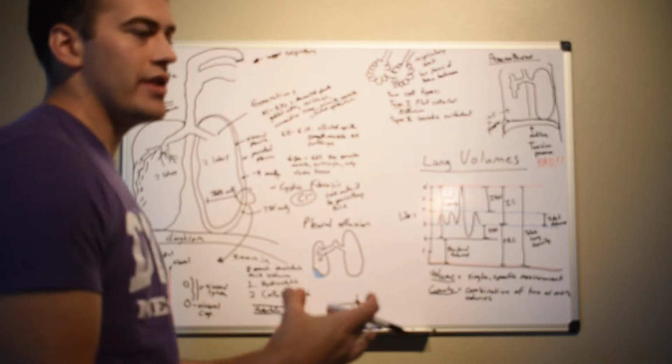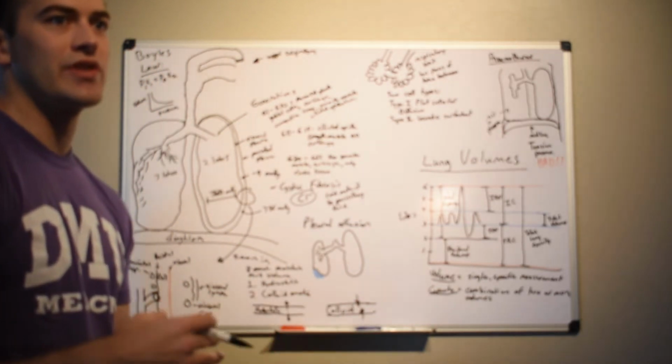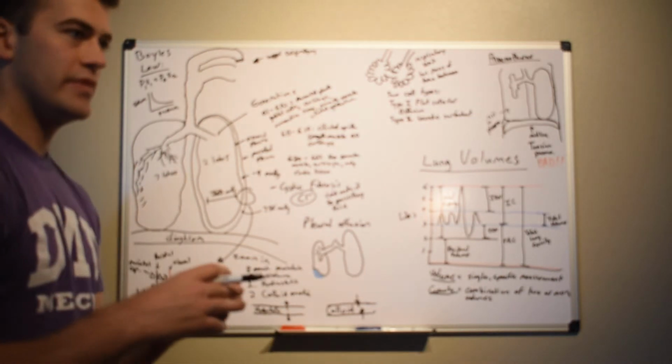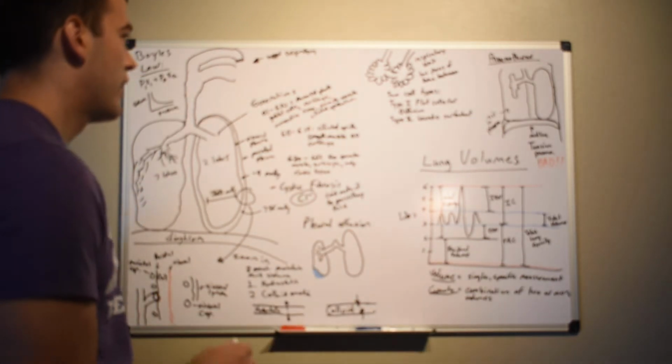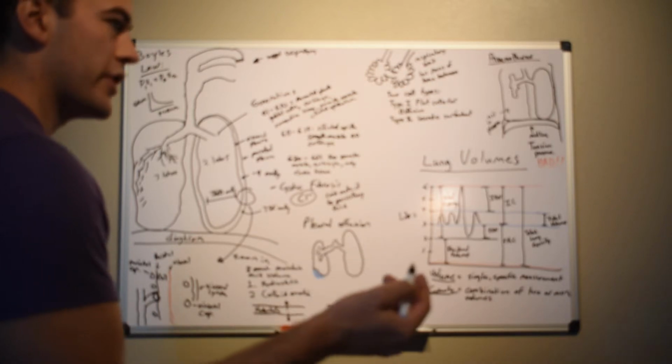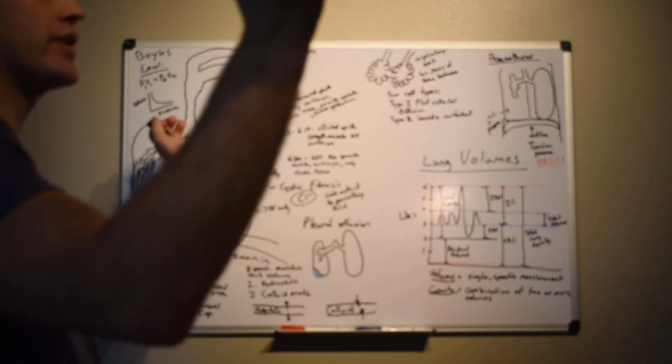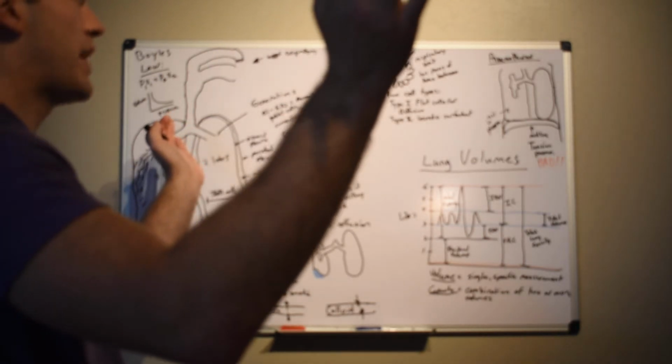A generation is just a term used to describe when there's a branching off of the piping of the airway. Imagine a tree, where a couple of main branches come off of the big main trunk.